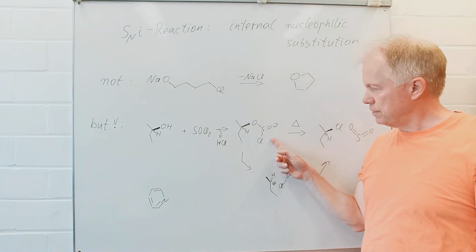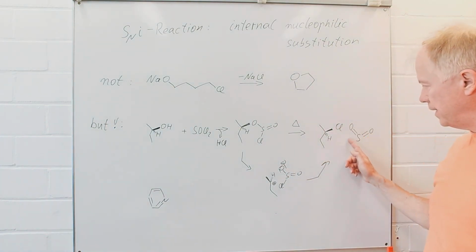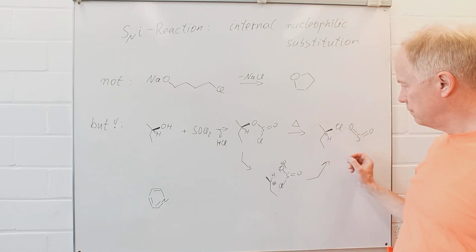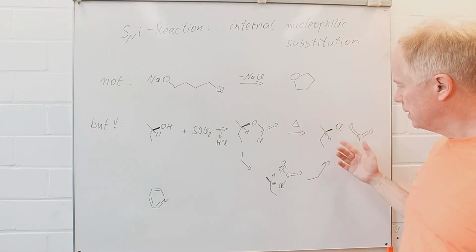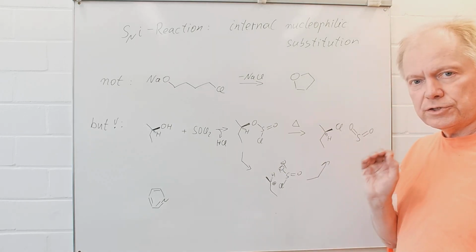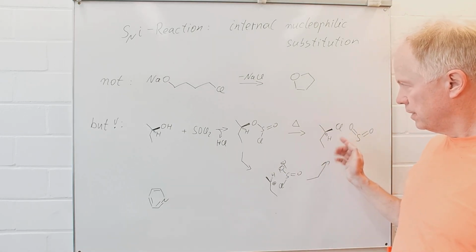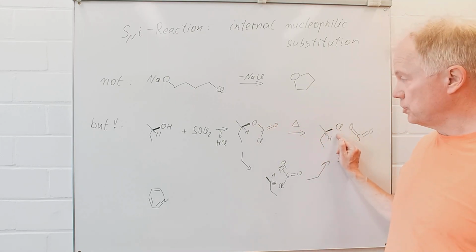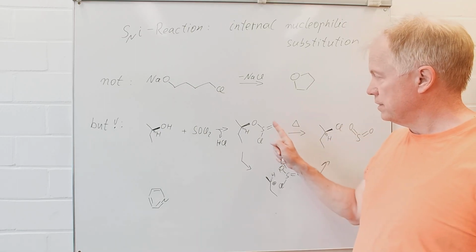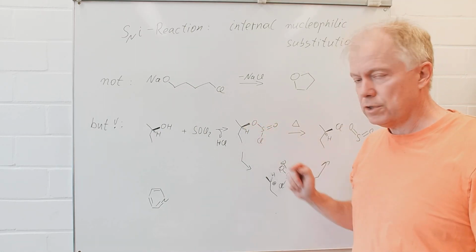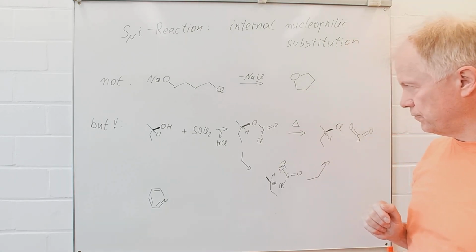If we heat this up, then SO2 will be set free and this chloride. And what is astonishing about it, this reaction works under retention. This chloride is at the same position as the oxygen has been before.